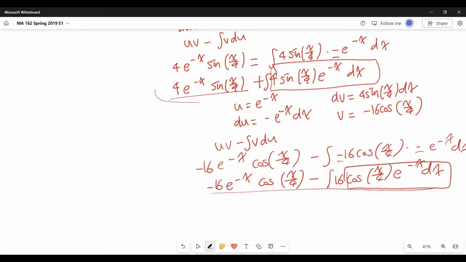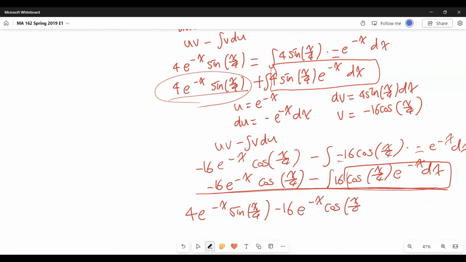So we have this part from our first integration by parts, 4 e to negative x sine x over 4, and then we have this part from the second integration by parts, which is negative 16 e to negative x cosine x over 4, minus 16 times the integral of cosine x over 4 e to negative x dx.